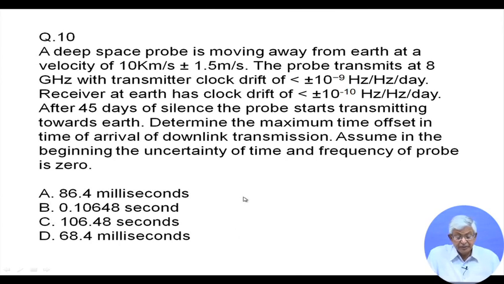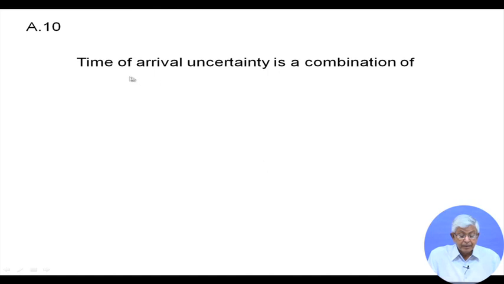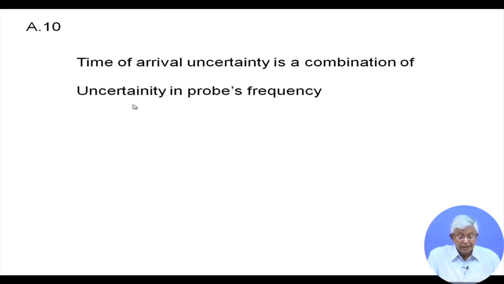Now, let us see how we proceed. We have to calculate the time offset. The time of arrival uncertainty is a combination of uncertainty in the probe's frequency. The probe's frequency is drifting, so the time calculation has to be done as cycle counting, based on the probe frequency, over those 45 days.